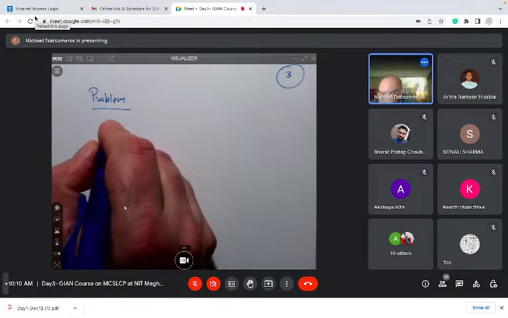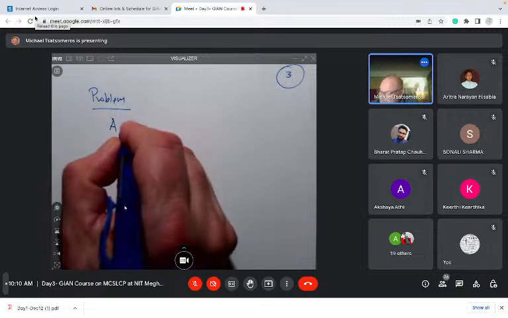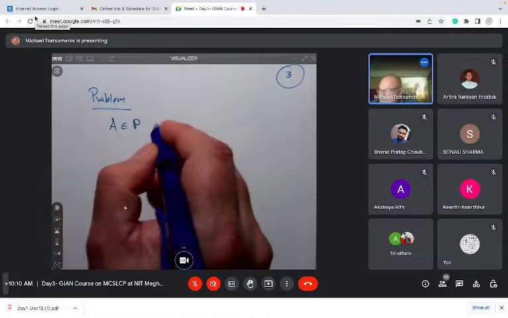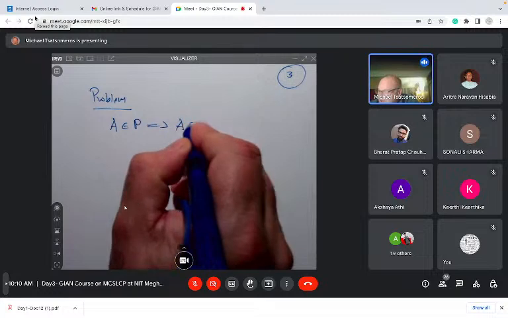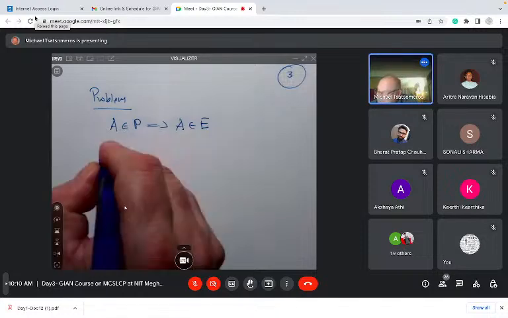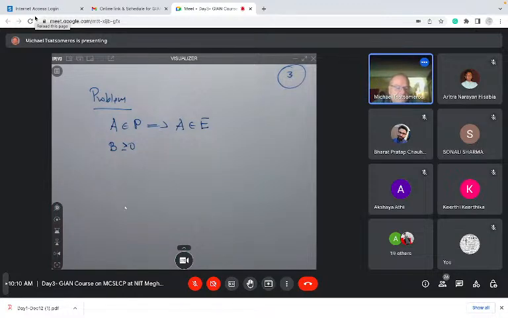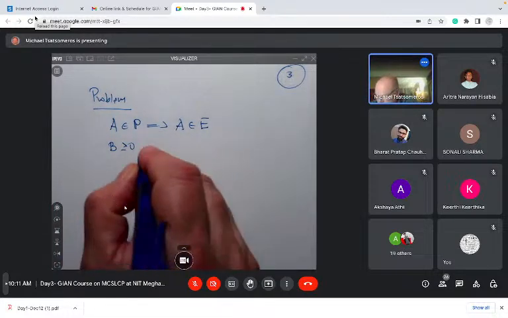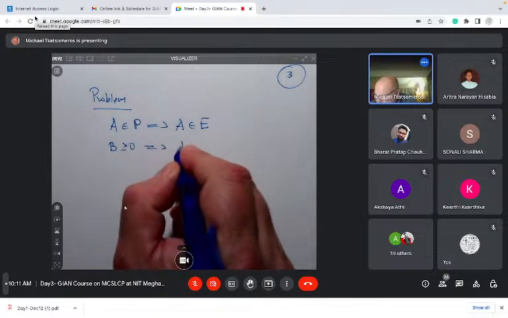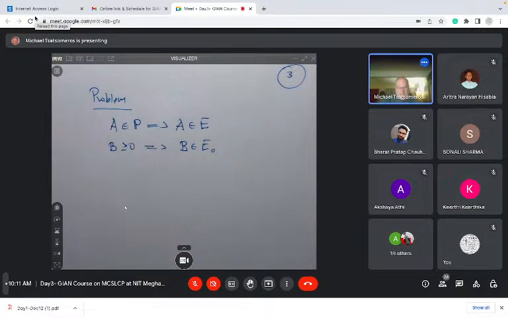If A is a P matrix, right? Then of course A is strictly semi-monotone. If B is a non-negative matrix, or if you want entry-wise positive, whatever you want, then of course B is in E0, for example.